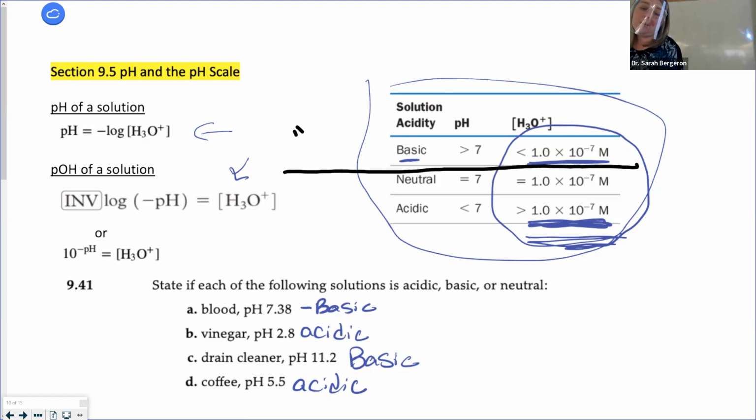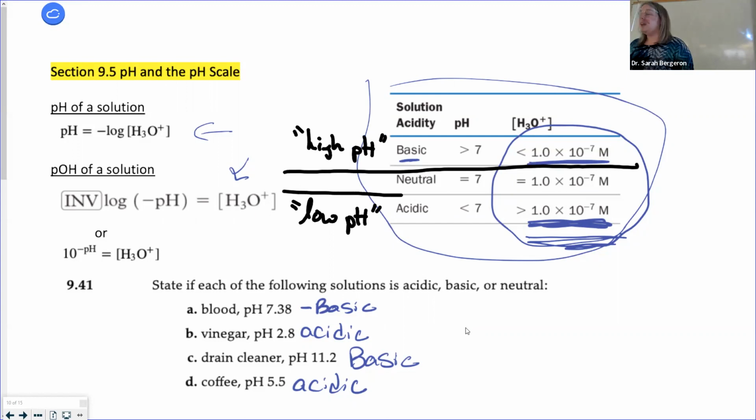So this is a quote unquote high pH. If you have a low pH, that means you are acidic, right? Okay. Neutral means you're at pH 7. It means you're not high, you're not low. You're just neutral.